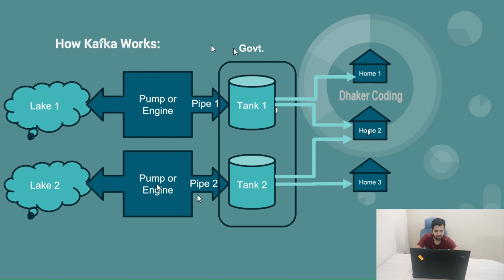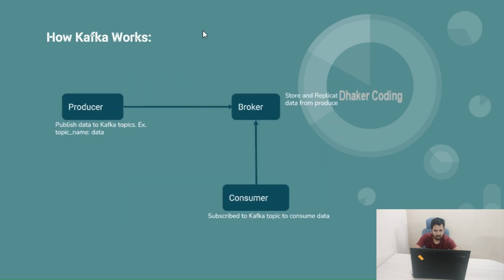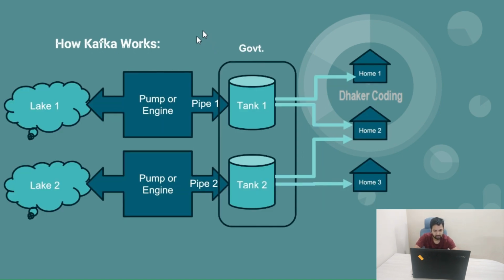Now, in technology terms or Kafka terms, how do we define that? Let's replace lake one with table one, and lake two is table two.